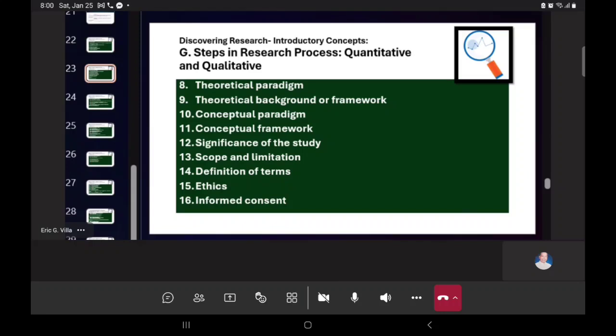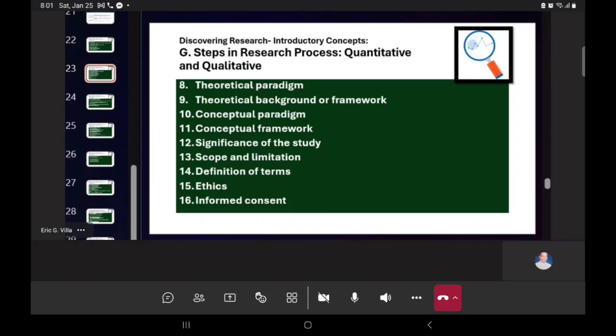The scope and limitations are also included in this phase, wherein clearly defined boundaries help manage expectations and ensure research feasibility. This step acknowledges constraints while maintaining scientific rigor within established parameters.